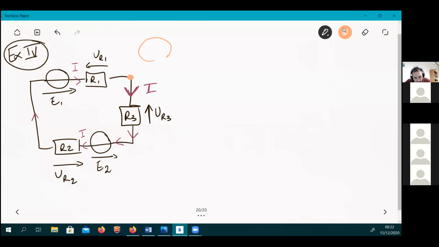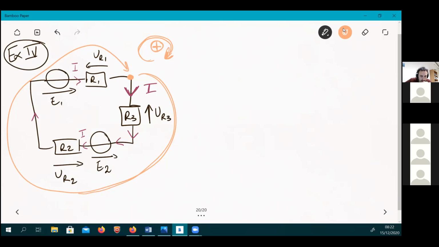Then you fix a direction, saying I'm going to apply the mesh law, and when I go from here to here, I will see how the voltages are. And if they are in the same direction as this arrow, then I will put a plus in front of it.